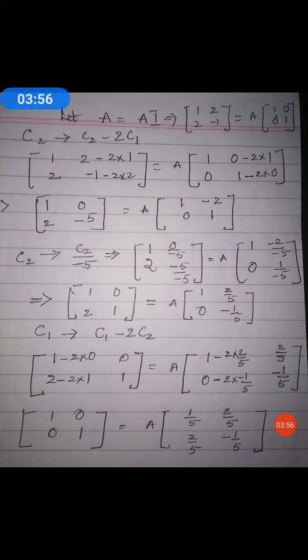Now listen to me. As I said, we have to divide by minus 5. So C2 replaced by C2 by minus 5. That is, the entire column 2 you divide with minus 5. So we get 1, 2, 0 by minus 5, minus 5 by minus 5, equal to A into 1, 0, minus 2 by minus 5, and 1 by minus 5.